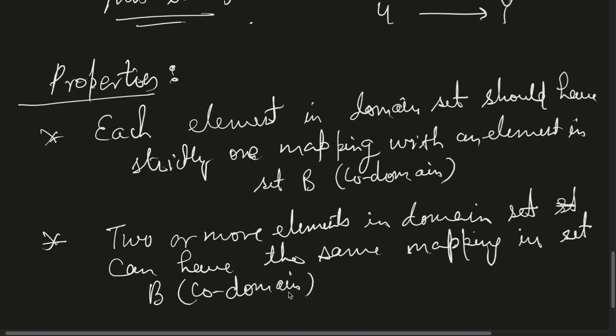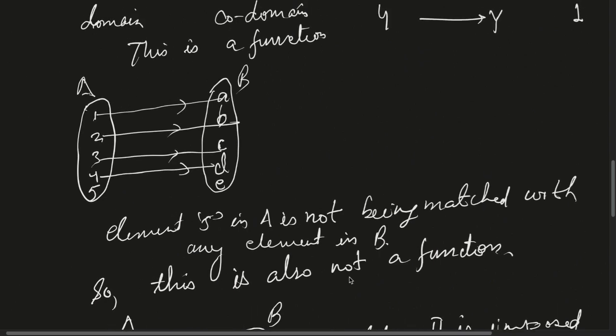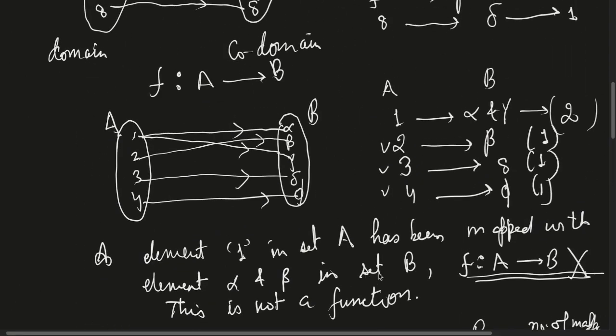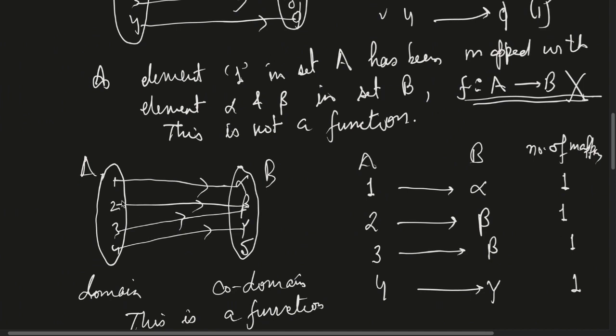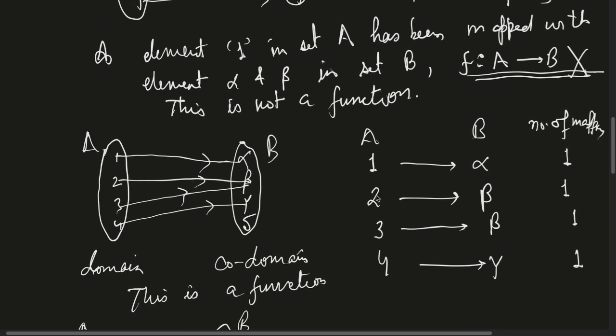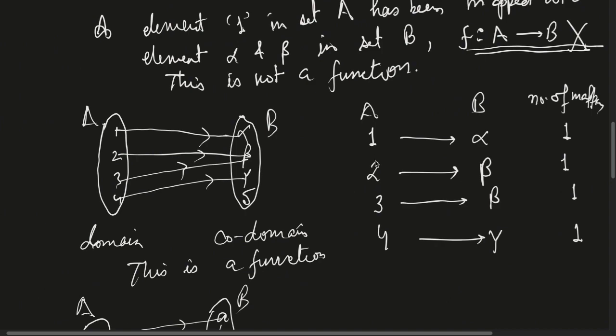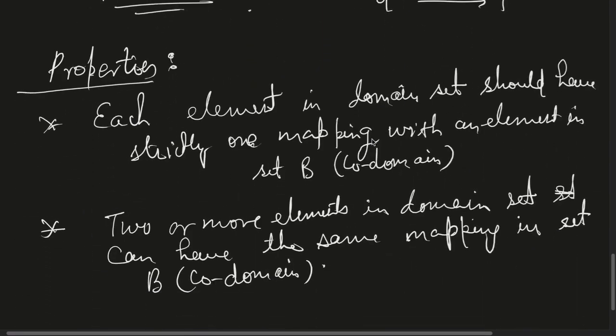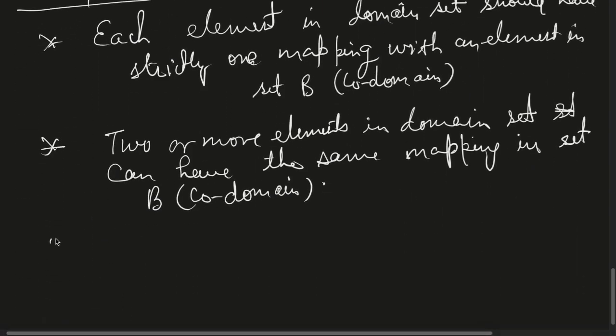Two or more elements in the domain set can have the same mapping in the codomain set. There is no problem. We can see here that two elements, 2 and 3, are being mapped with the same element, beta. So this is all right, as each element in set A is being mapped with strictly one element in set B. So this point number 2 is completely all right.